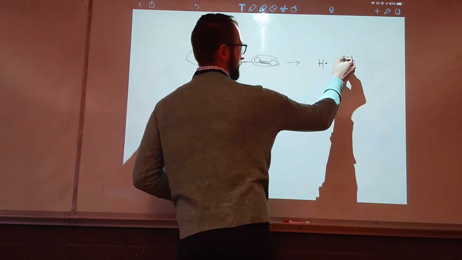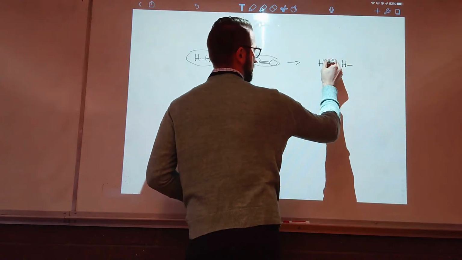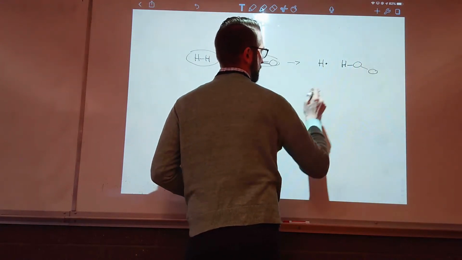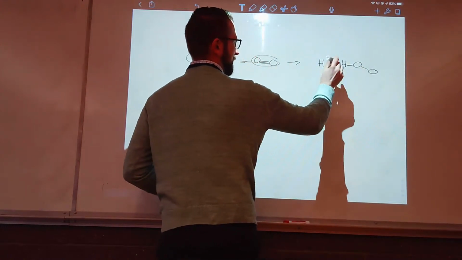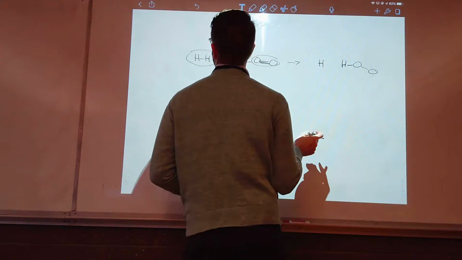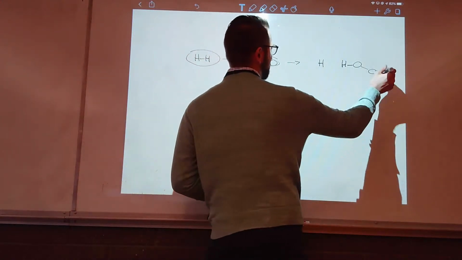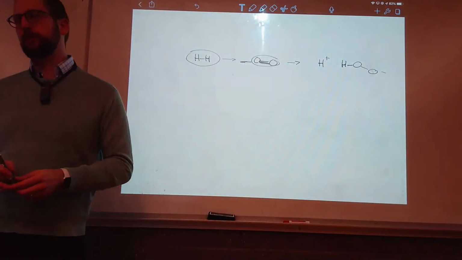usually something like this. Maybe positive, no. Probably something like that. Think about positive, negative, extra electron. Maybe like that. That might work. Yeah, because then you've got a peroxide there.